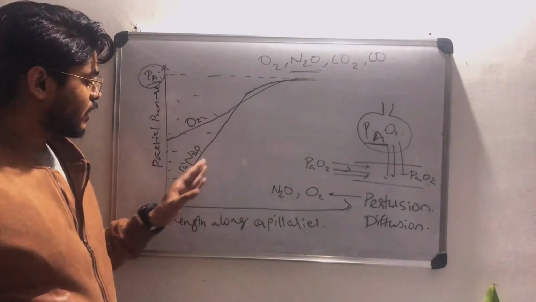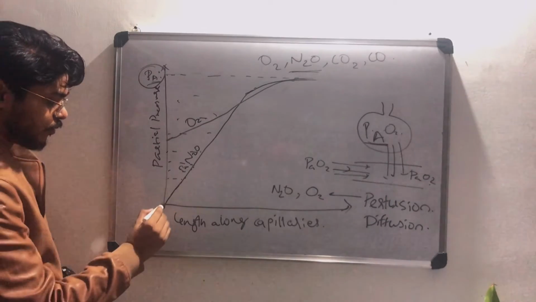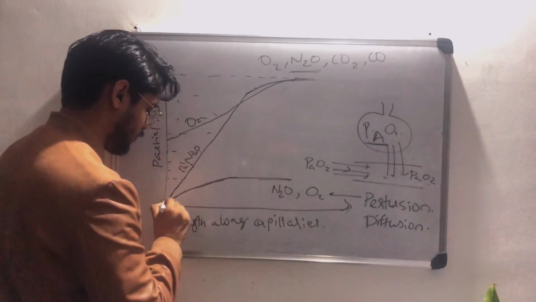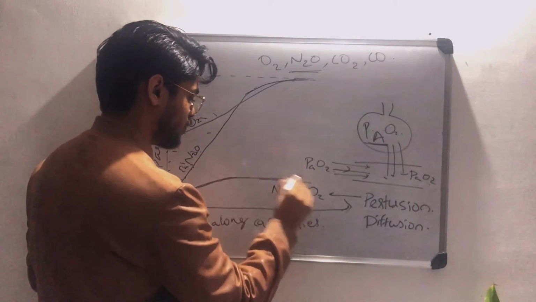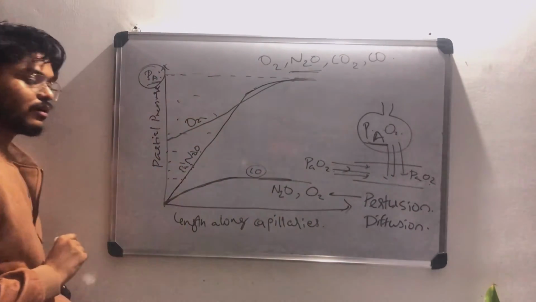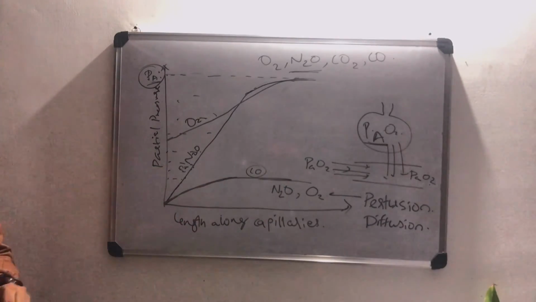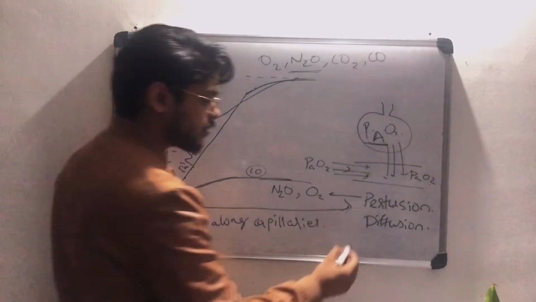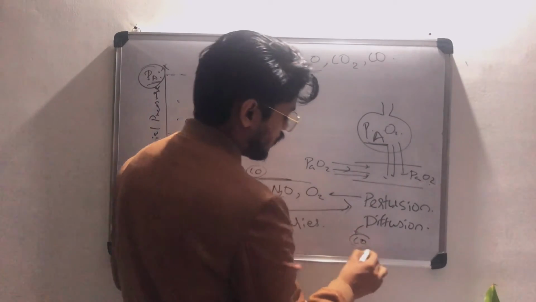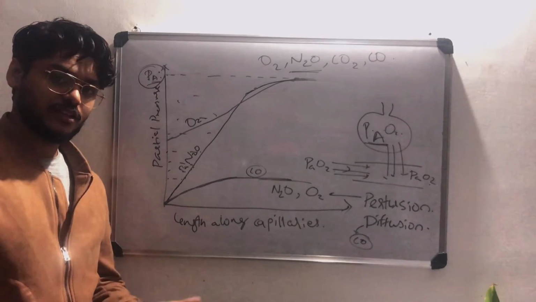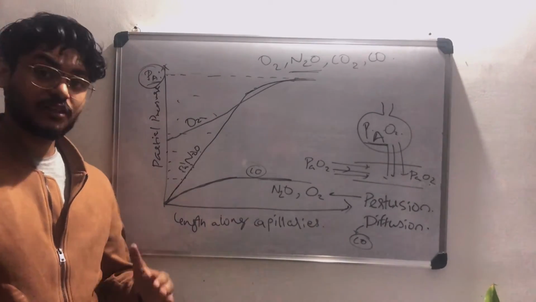Now we are checking into carbon monoxide. Carbon monoxide, the graph is something like this. So what does this denote? This is carbon monoxide's graph. Why like this? The thing is that it is diffusion limited. Diffusion depends on different criteria: area, thickness, pressure difference, right?